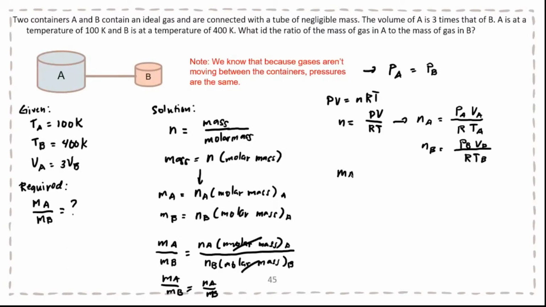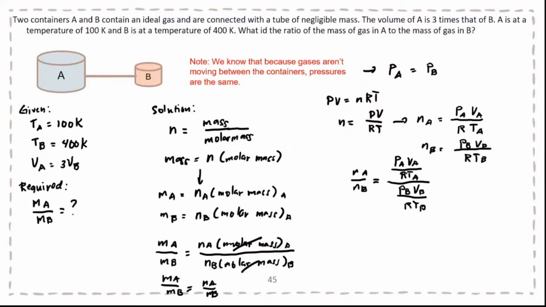So getting nA over nB, that is equal to PA VA over R TA, over PB VB over R TB.